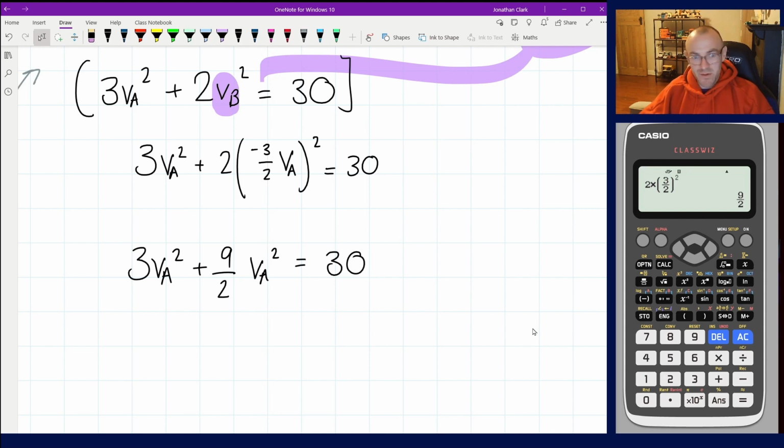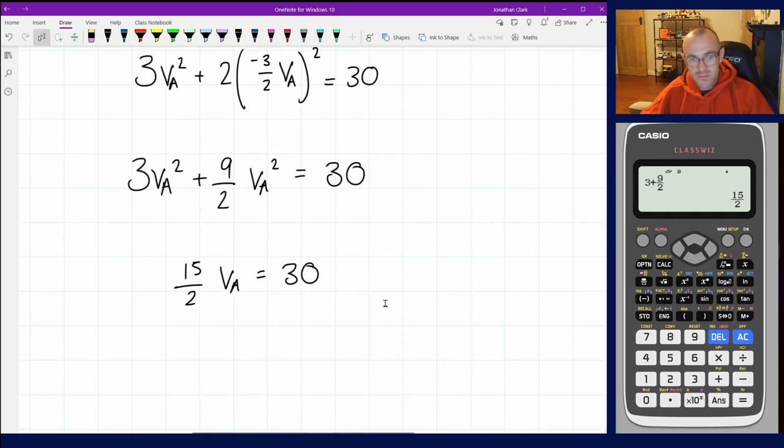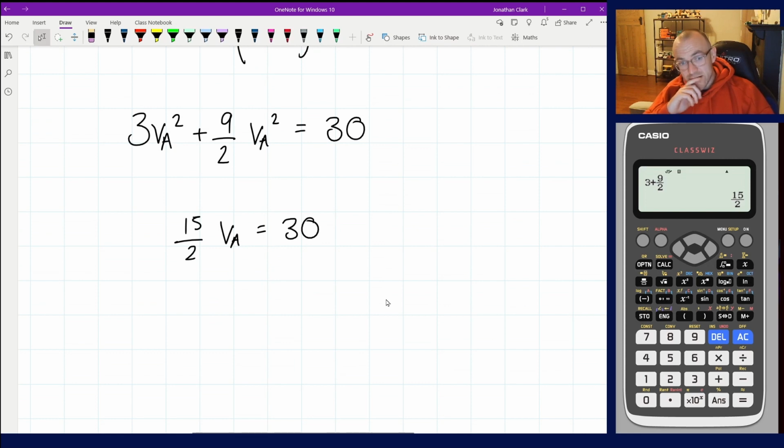Let's try and work something out here. 3 plus 9 over 2 is 15 over 2. And right, let's solve this. Oh, sorry, that's still squared. Take the 2 up. Take the 15 down.